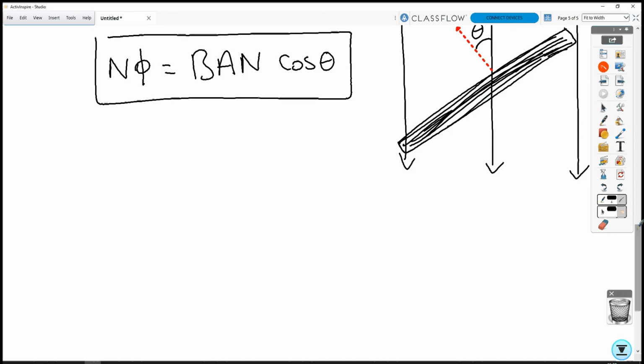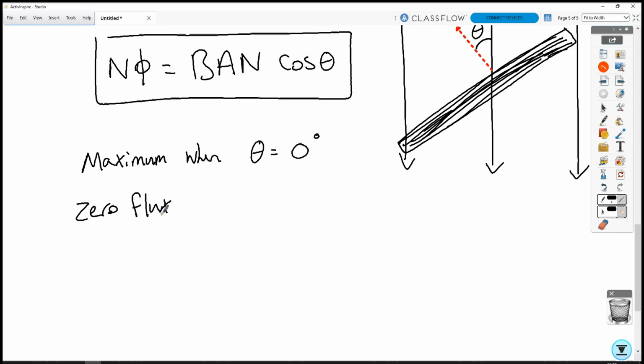Now, looking at that, we get a maximum value for the flux or flux linkage when the angle is equal to 0 degrees. And we get 0 flux when θ is equal to 90 degrees.